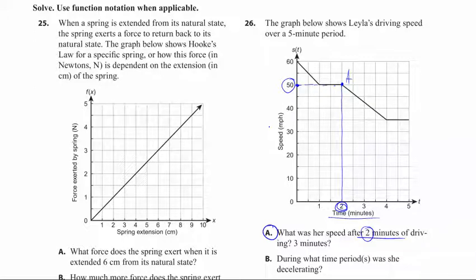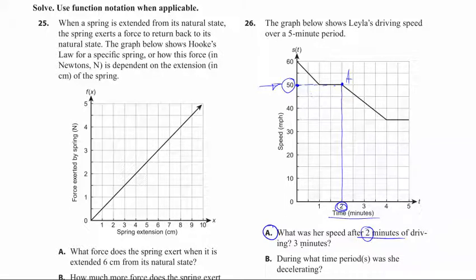Well, not my speed, Layla's speed, at the point with the value of 50 miles per hour, okay? And this will answer your question. 2 minutes into the driving, Layla is moving at 50 miles per hour, okay?